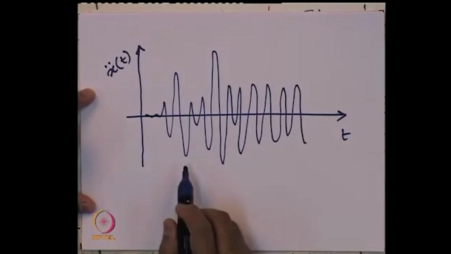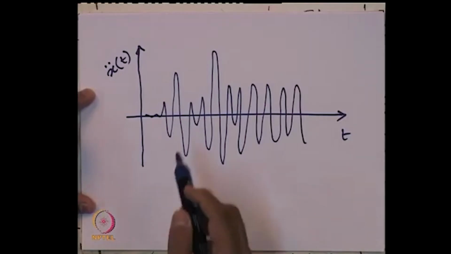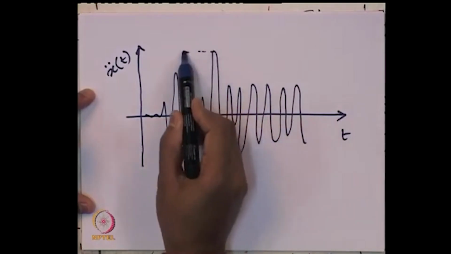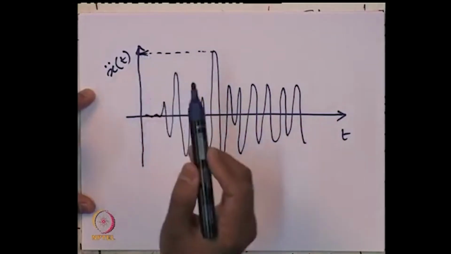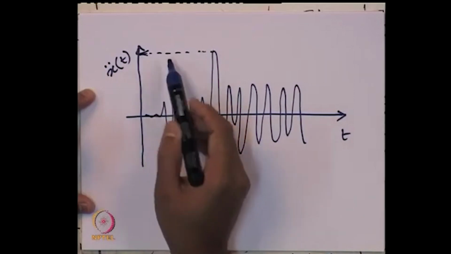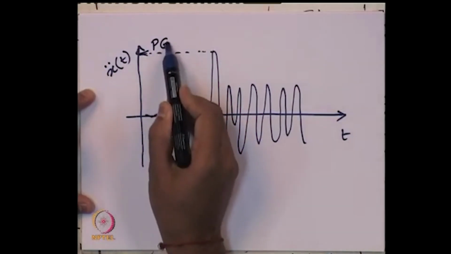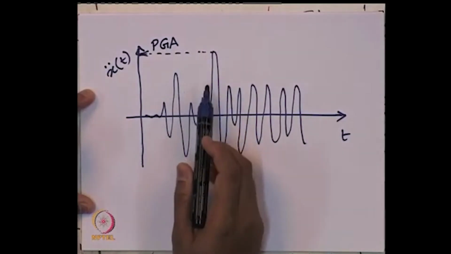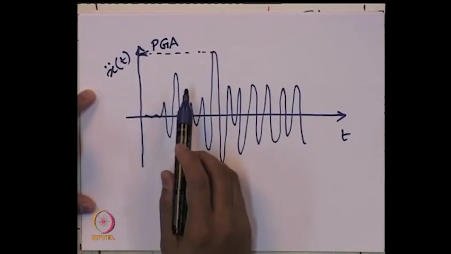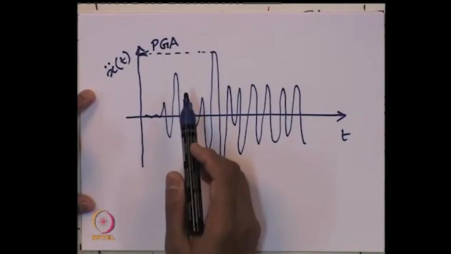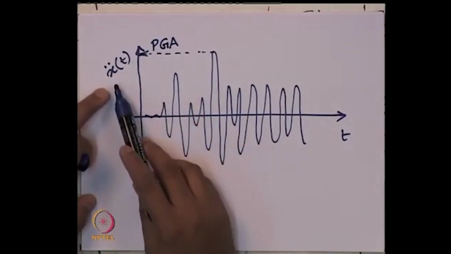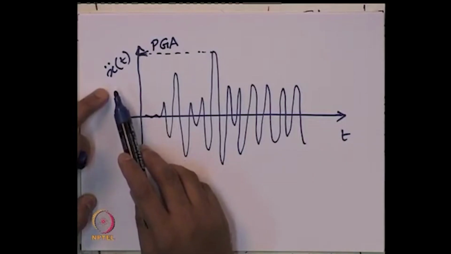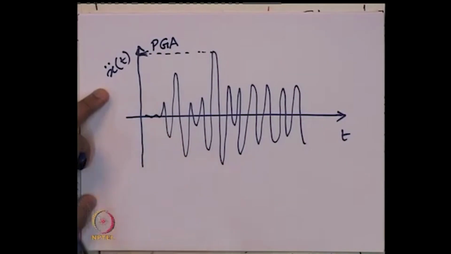Now, in this case, earlier we have discussed that the highest value, say this is the maximum value, that will be your peak ground acceleration, right. So, that is your PGA, it can be PHA or PVA, that is either a peak horizontal acceleration or vertical acceleration, depending on what acceleration you are recording, whether it is in the horizontal direction or in the vertical direction, that is the peak value.